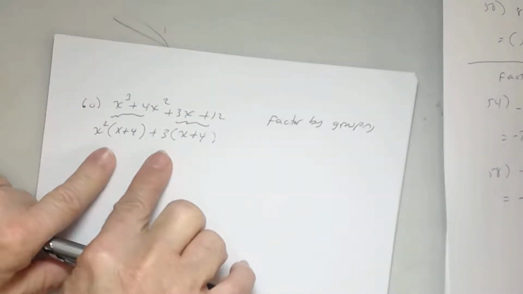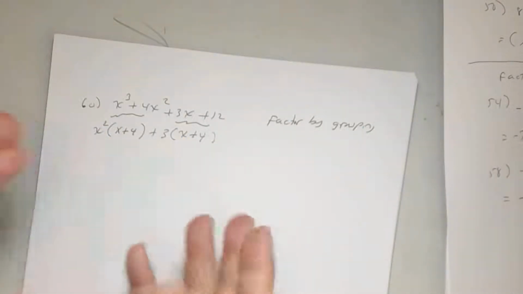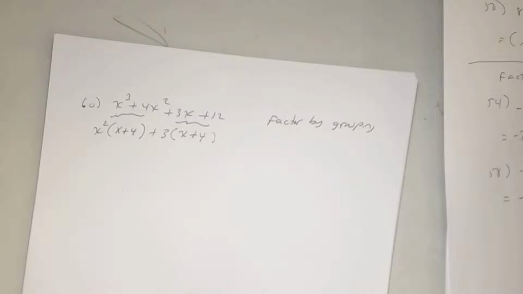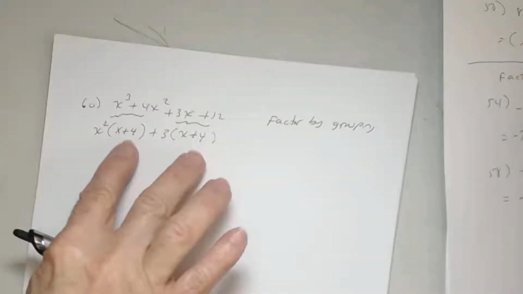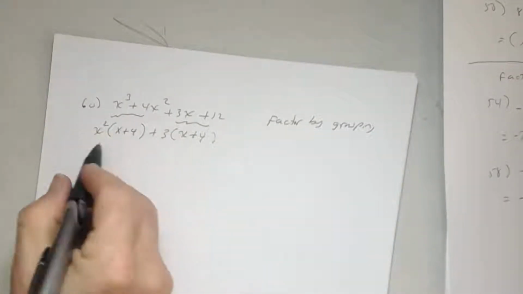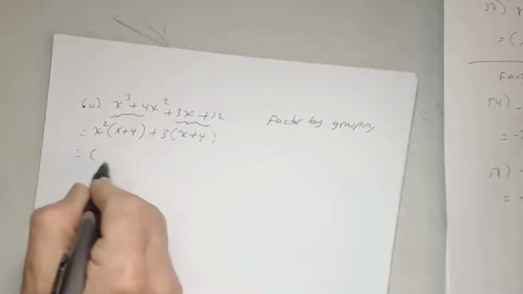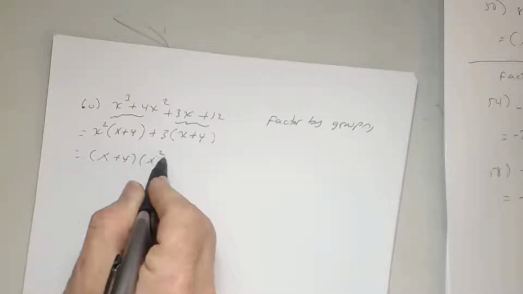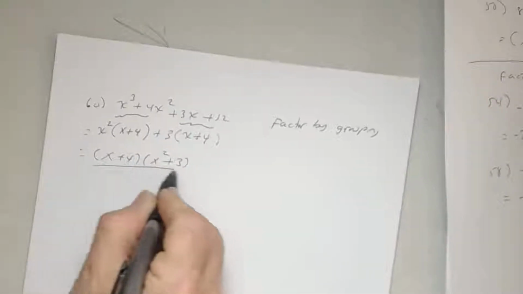All right. So now the next step is to look at the GCF of both of these things, which is now what? No. X plus 4. So your final answer then will be x plus 4 times what? X squared plus 3. There's your answer.